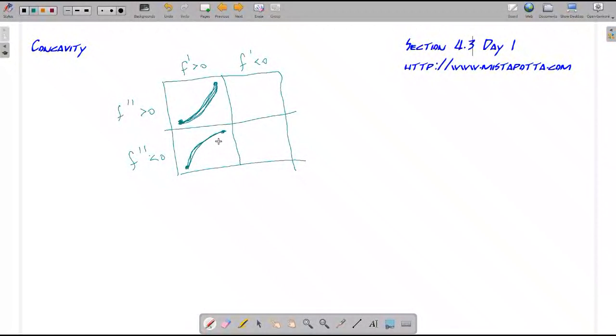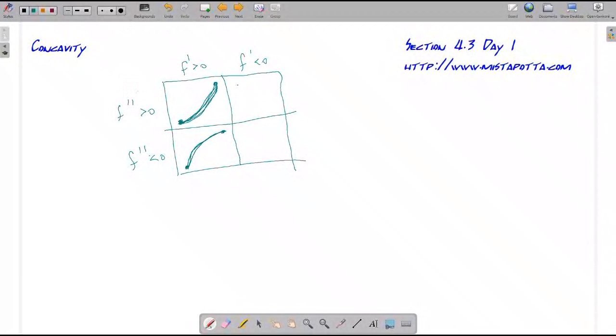So I can talk about the shape of my graph, not just whether or not I'm increasing or decreasing, but how my graph actually curves. And so concavity gives me this point. The second derivative really helps me illustrate that.